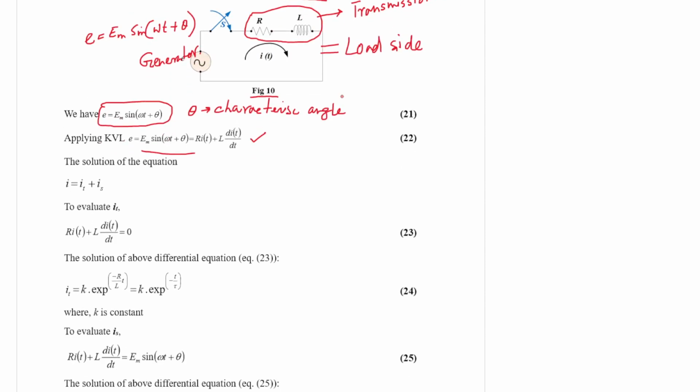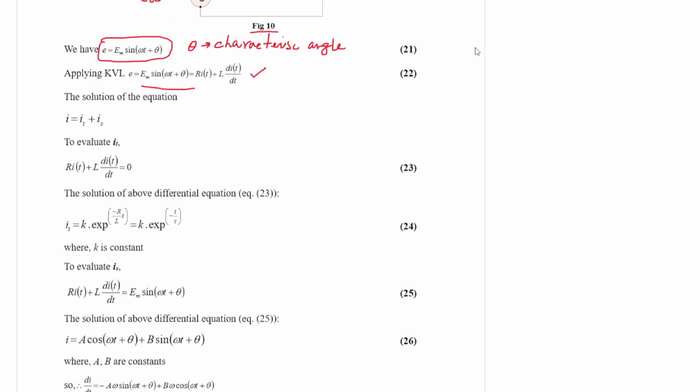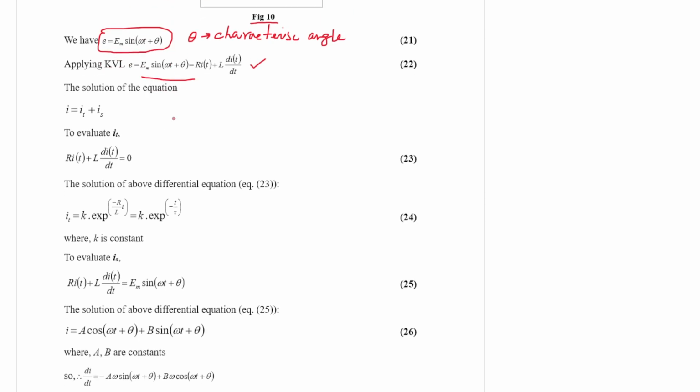Now it is a new kind of differential equation that has a sine term in it. So in order to solve this differential equation, we have a new form of the solution, which is i equals it plus is.